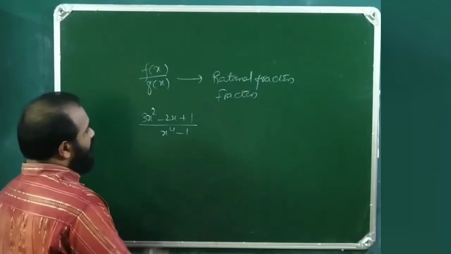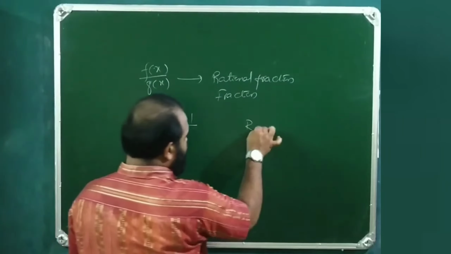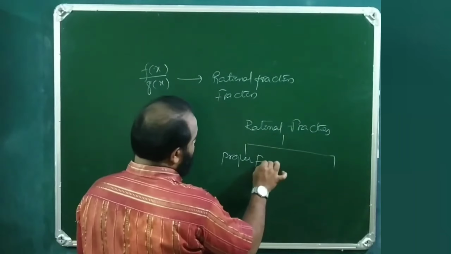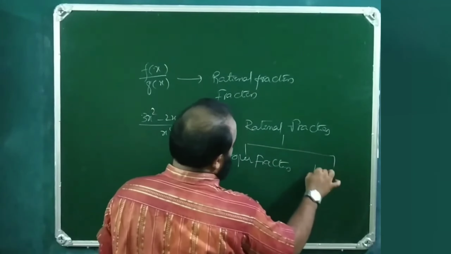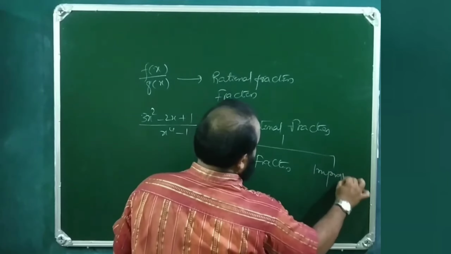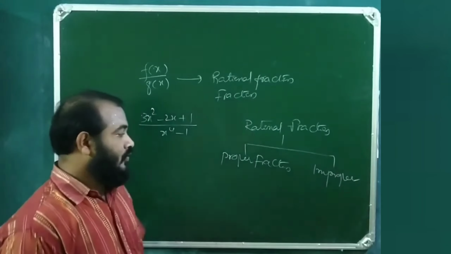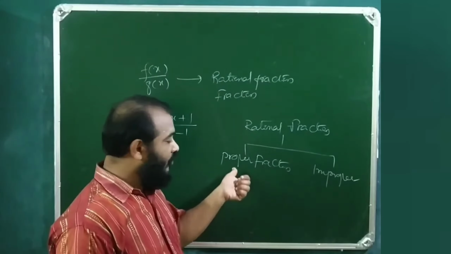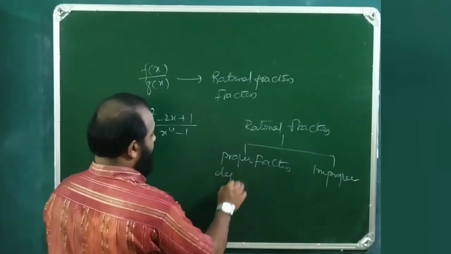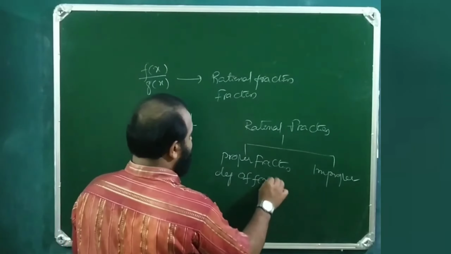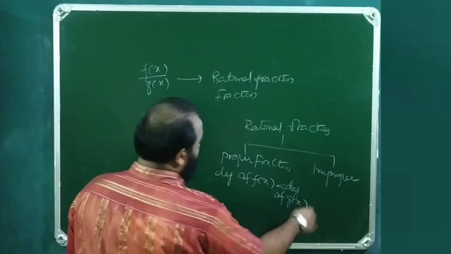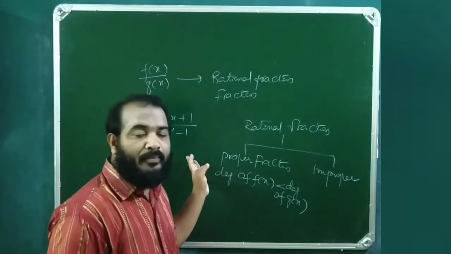Okay, and in this rational fraction, proper fraction, improper fraction. So, a fraction in which the degree of f of x is less than the degree of g of x is said to be a proper fraction.